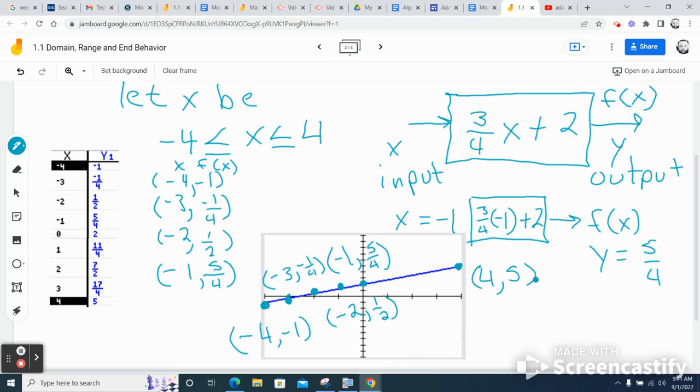So the first question was the graph. We figured out how to get the graph on there, right? What was the second question? Do you guys remember? I've been talking a lot. What's the range?